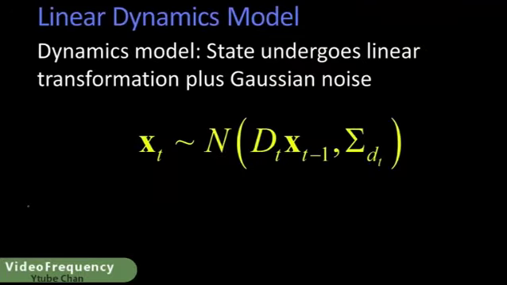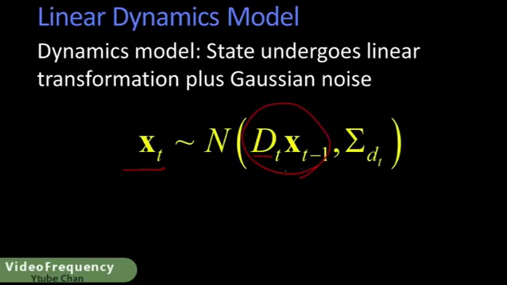So what do we mean by a linear dynamics model? Well, it's pretty straightforward. A linear dynamics model says that our state at time t will be distributed according to a normal distribution whose mean is just a linear function of the previous belief. D here is either a scalar or a matrix, depending upon whether x is a scalar or a vector.